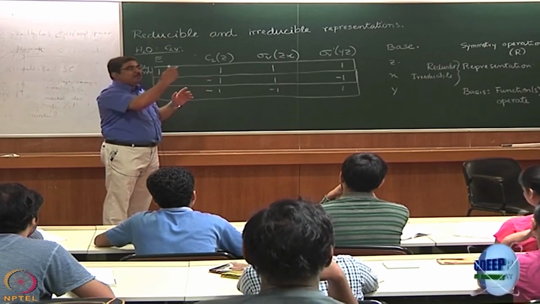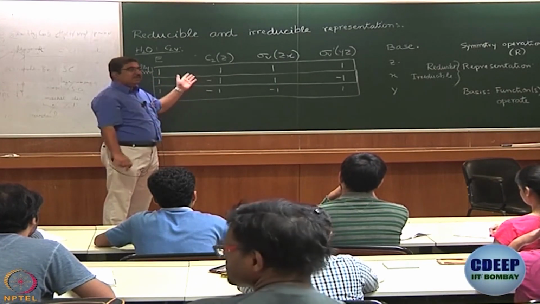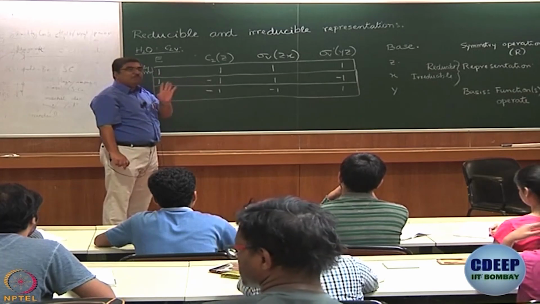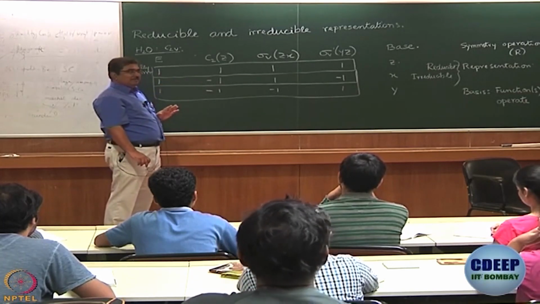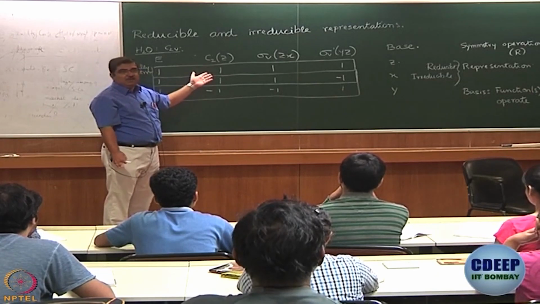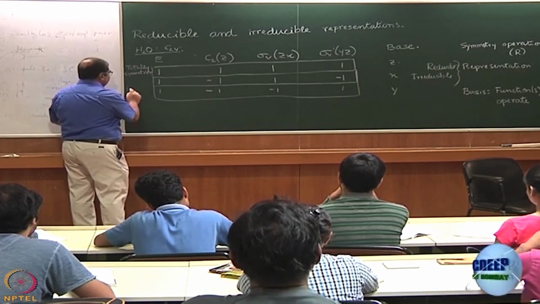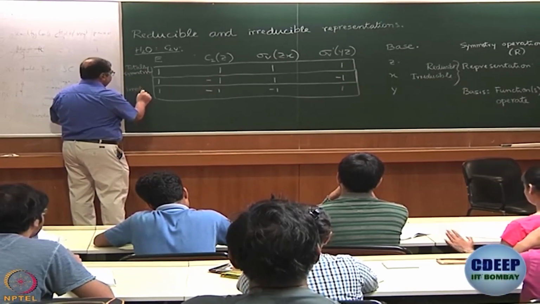Dimensionality means how many by how many elements the transformation matrices are. These are all numbers, meaning 1 by 1 matrices, 1 dimensional. Is it possible to go down to half dimension or something? No, right, that does not make sense. So, these are your irreducible representations.